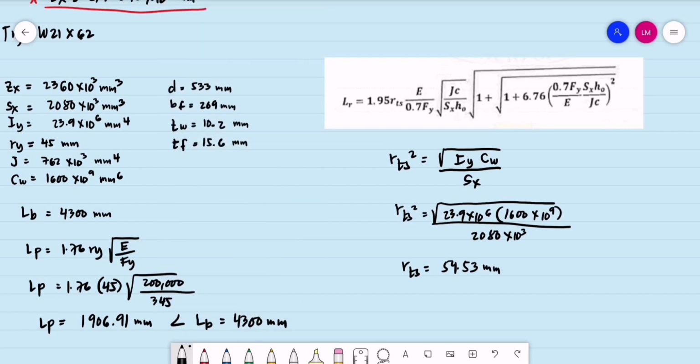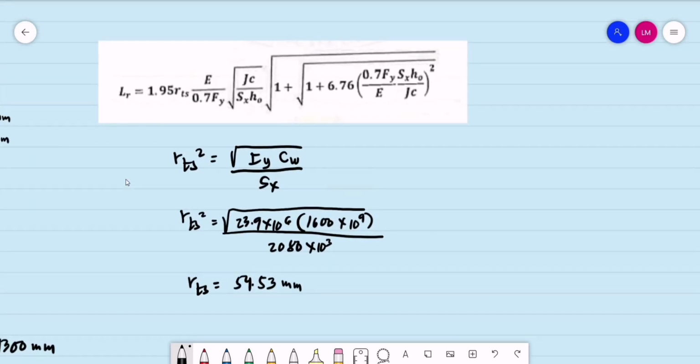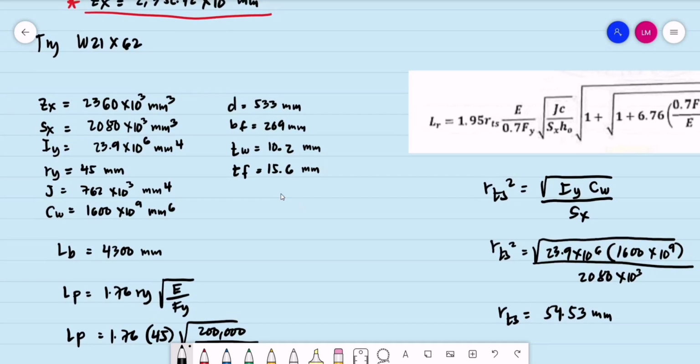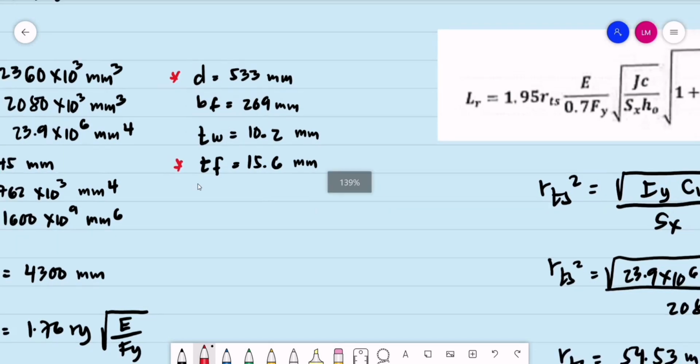millimeters. Okay, then for the value of C, for this equation, for a symmetrical I shape, the value of C is 1.0, and the value of H sub O is the D minus the thickness of the flange. So what is the total depth of this section? 533, then the thickness of the flange is 15.6. So we'll be using these two values, D and the thickness of the flange.